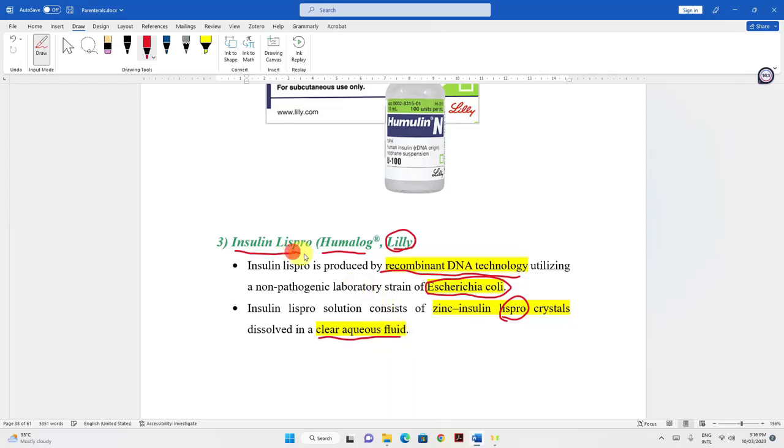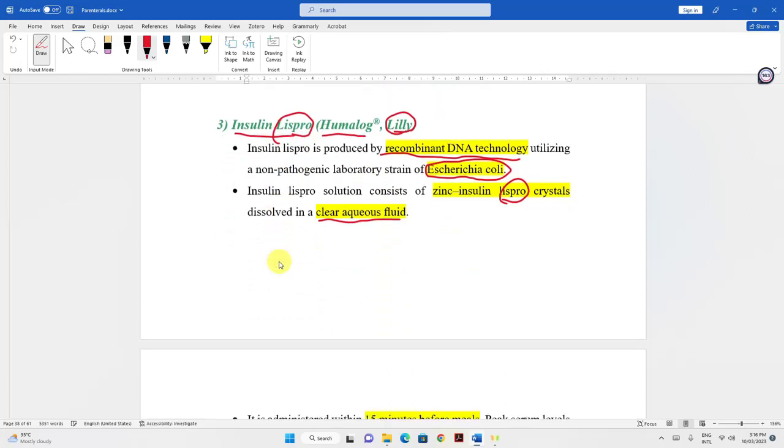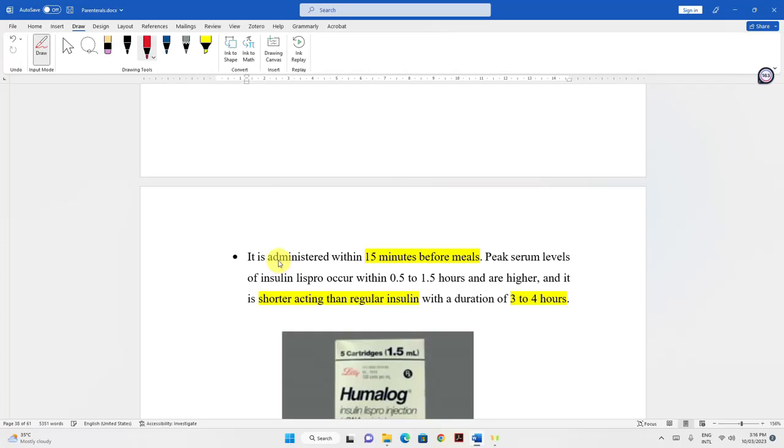What you need to know about Lispro is that it is faster acting than regular human insulin. That's why it's given only 15 minutes before meals, and its duration is from 3 to 4 hours. It reaches the peak after half an hour to 1.5 hours.